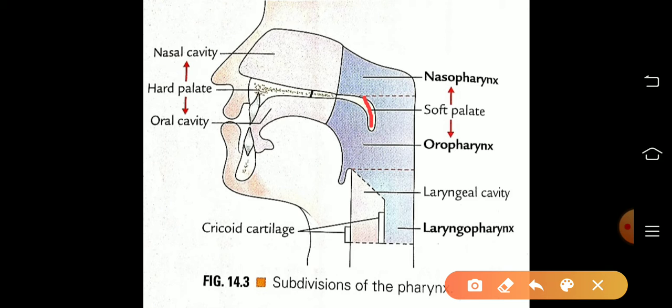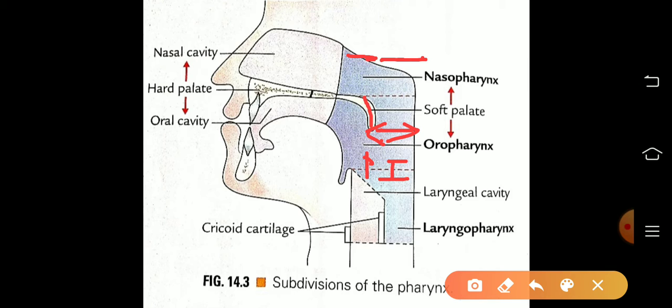So this is the floor, from here to here, right? This is the body of the sphenoid and the basilar part of the occipital bone, and here the soft palate. And one more thing, the pharyngeal isthmus. This space is called the pharyngeal isthmus.